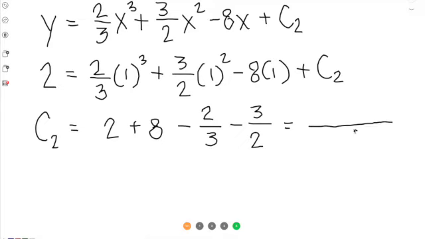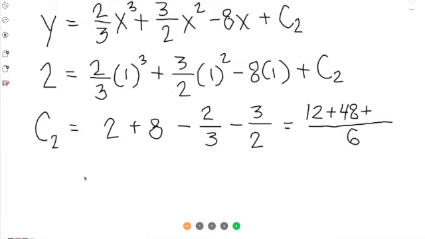So the least common denominator for this would be 6. So we have 6 divided by 1 times 2, that would be 12 plus 48 plus 6 divided by 3.